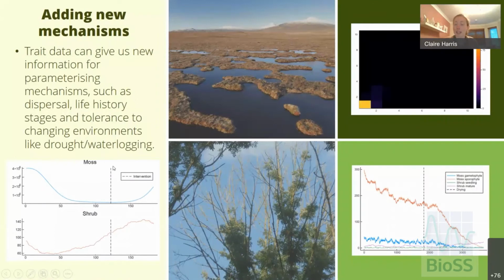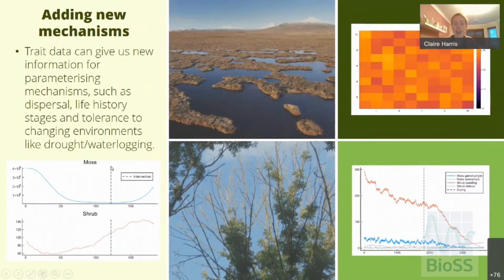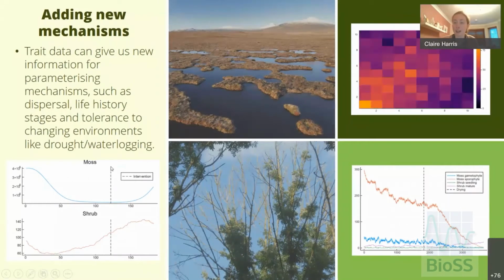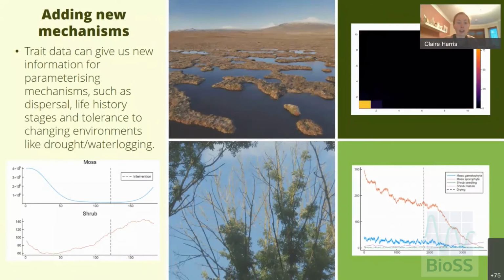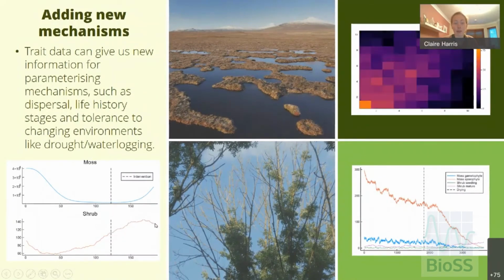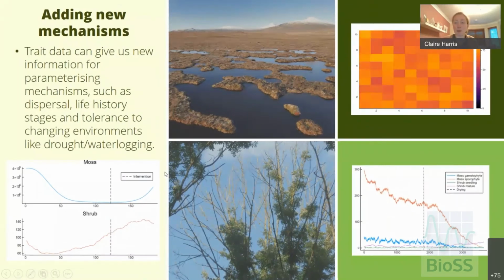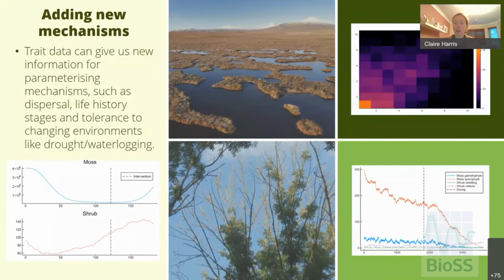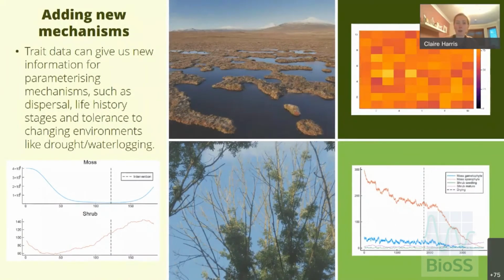And then we can make an intervention like they might make in real life and say, actually, we're going to start re-wetting this area again over time. And we can start to see a bit of an extinction debt in the shrub, which grows and then starts to drop off as the moss really takes off again. So all of these dynamics put together, we need to be able to model this or any site.